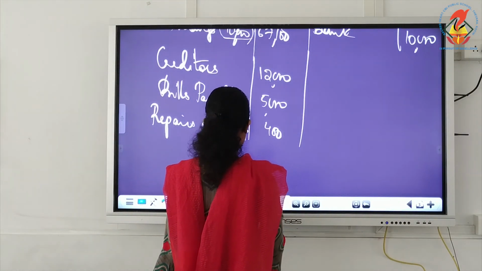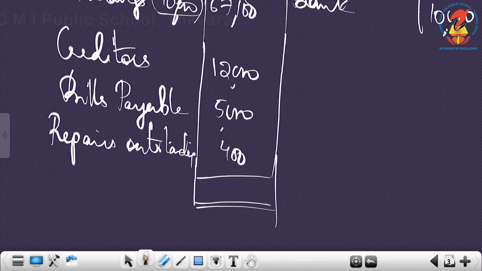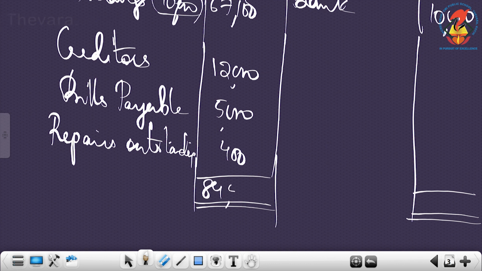At the balance sheet, total is 84,500. Below this you have to write one note, that is the contingent liability.